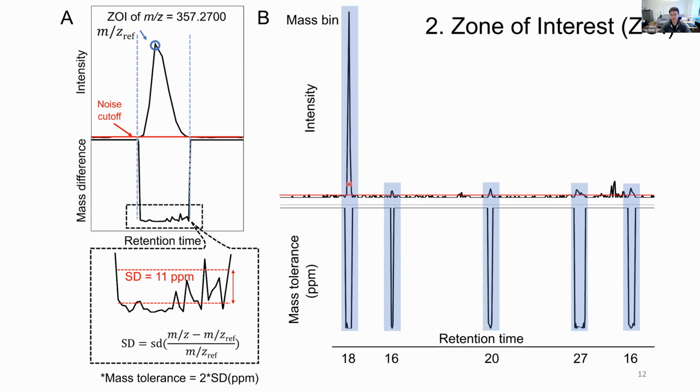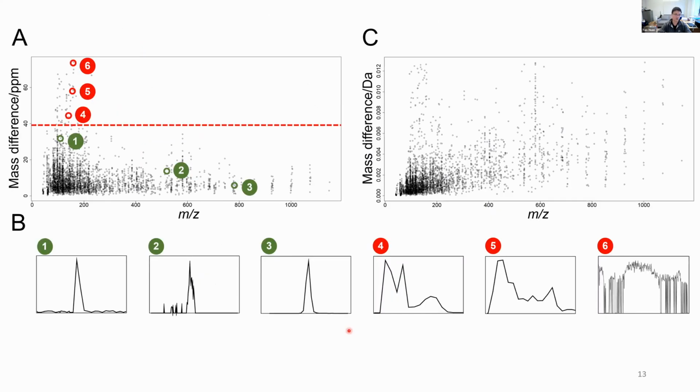As we can show on the right side, for both a high intensity peak and a low intensity peak, as long as they pass the noise cutoff, their mass tolerance distribution will have a similar magnitude. Then we can take the mass difference, or the mass tolerance, and plot the distribution for all the metabolic features. Then we will get something like this on the left side, where the x-axis is m/z value and the y-axis is mass difference.